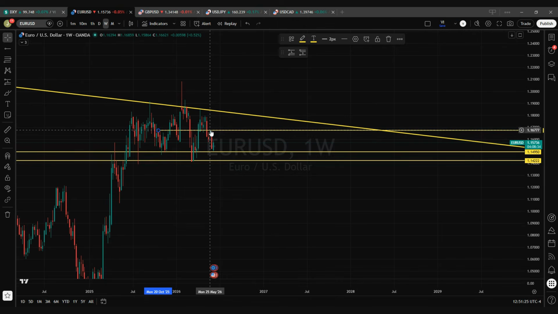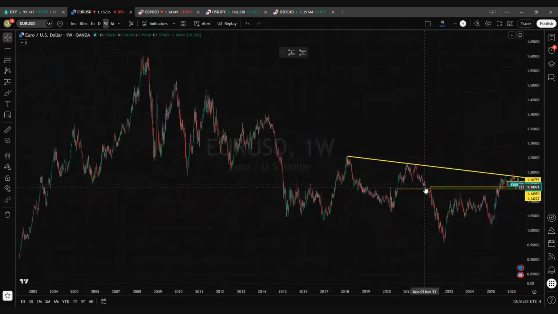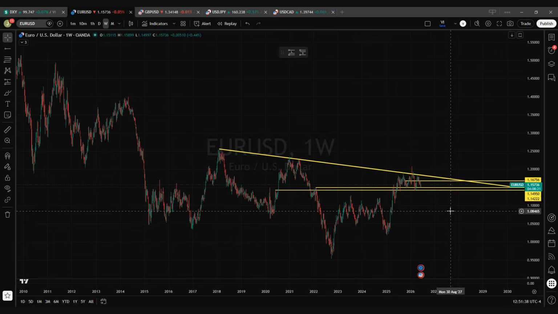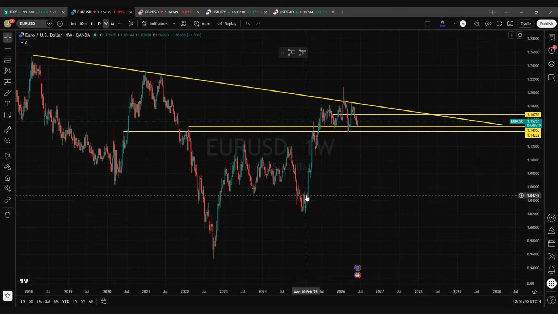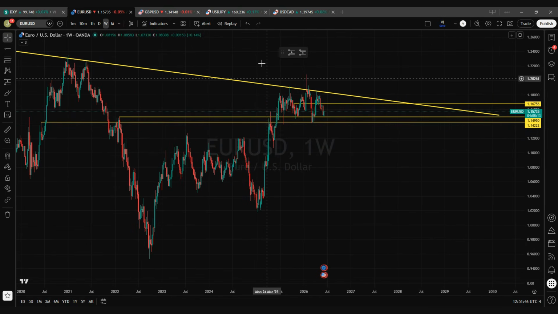That's showing rejection in the past couple of days, and then it could get a stab at trying to challenge this trend line. Overall, we're kind of in range for the euro and dollar, but for this year, I would say we are up. The euro is strongly up against the dollar.